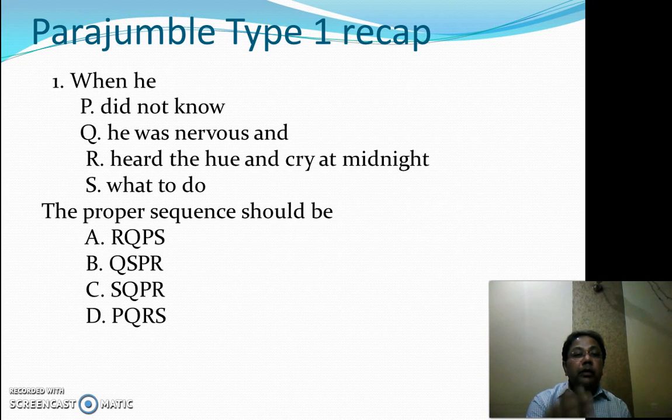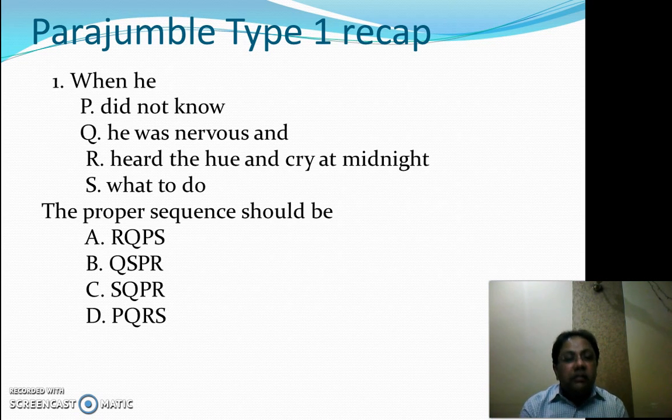So between P and R, the obvious answer, which is logical, is that "when he heard the hue and cry at midnight" is definitely the first sentence. Now, "he was nervous, did not know what to do." So what will follow after this sentence R, "when he heard the hue and cry at midnight"?